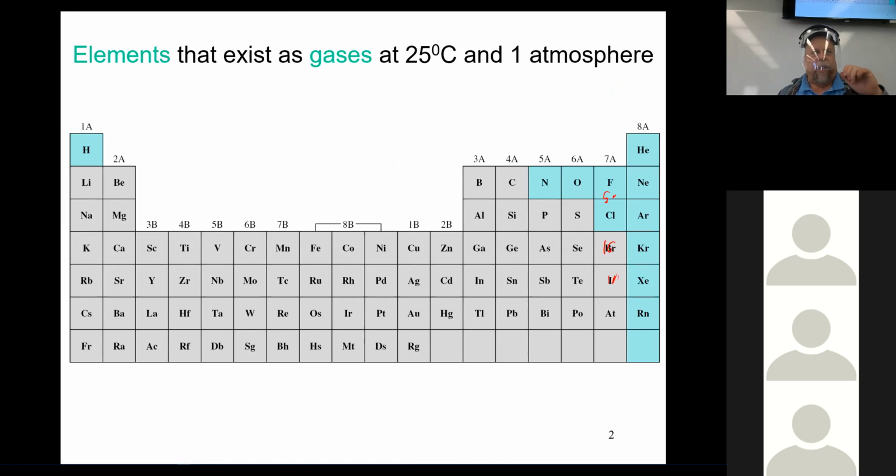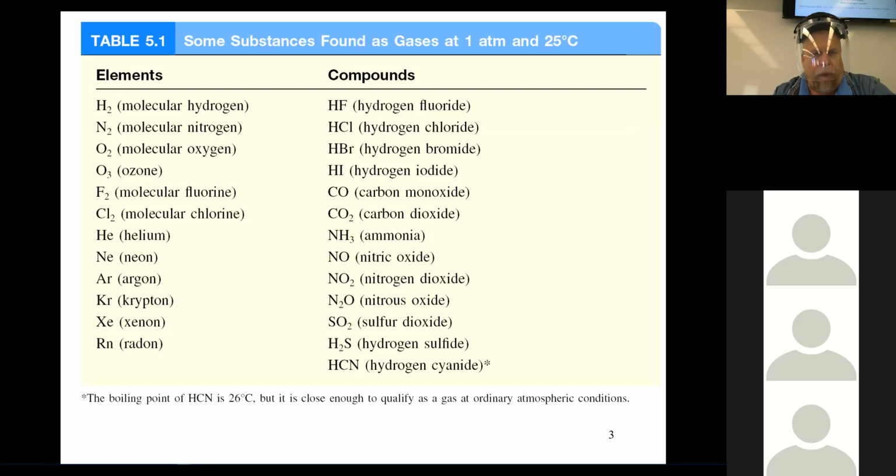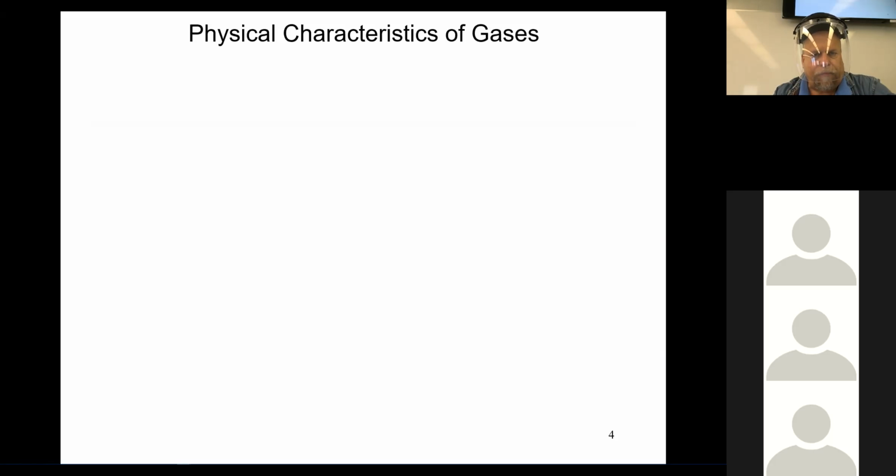Why are radon and xenon gases? Because the intermolecular forces between the atoms are weak; it's all negative around it because of the 8 electron pairs, and the only difference is that radon and xenon are bigger atoms. And here are some samples that are known as gases.